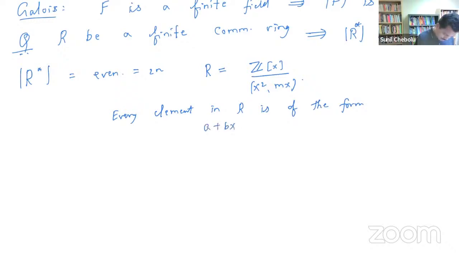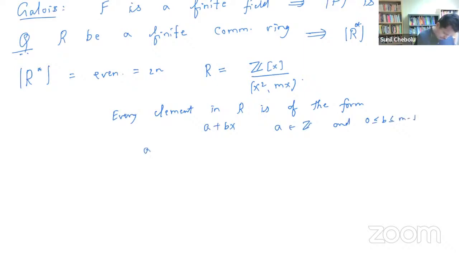So where a is an arbitrary integer, and 0 ≤ b ≤ m − 1. Okay, and this becomes a unit.